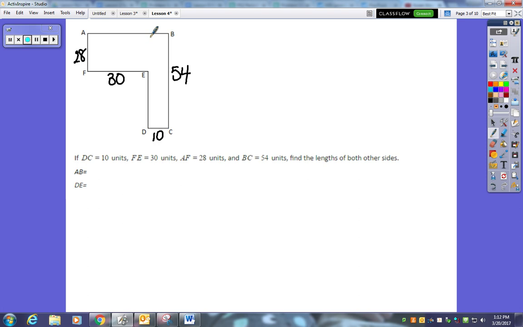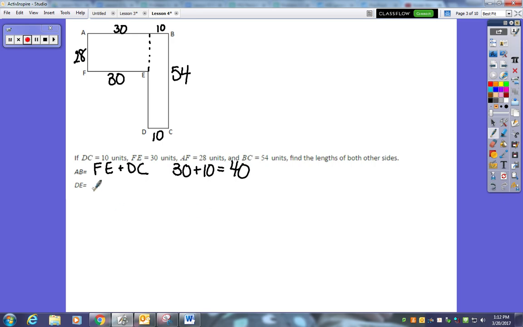So again, we can kind of split our rectangles. This is 10, so that means from here to here would be 10. This from here to here is 30, so that means this from here to here would be 30. So to find the length of AB, I would be adding FE plus DC, or 30 plus 10 to get 40.